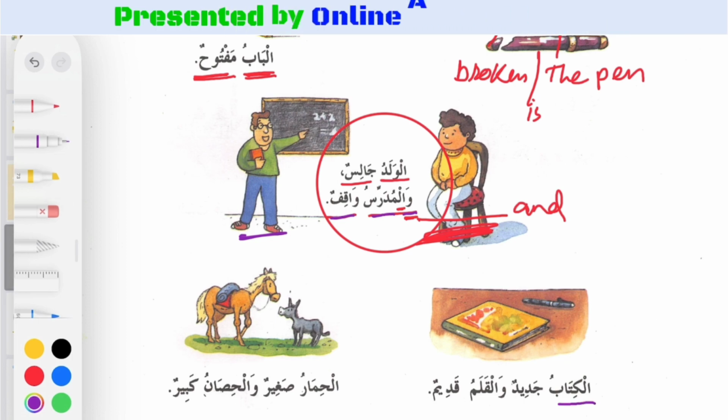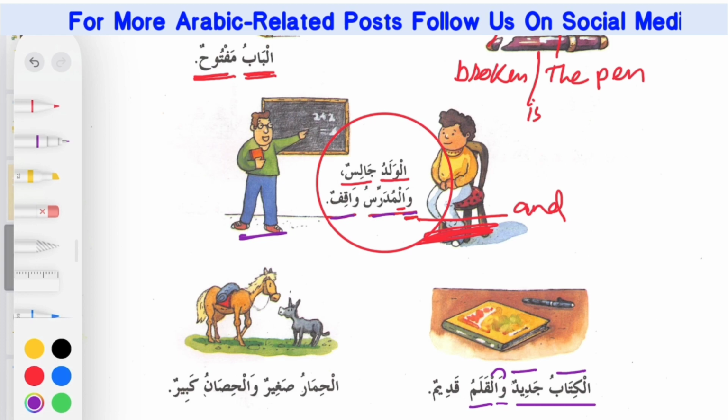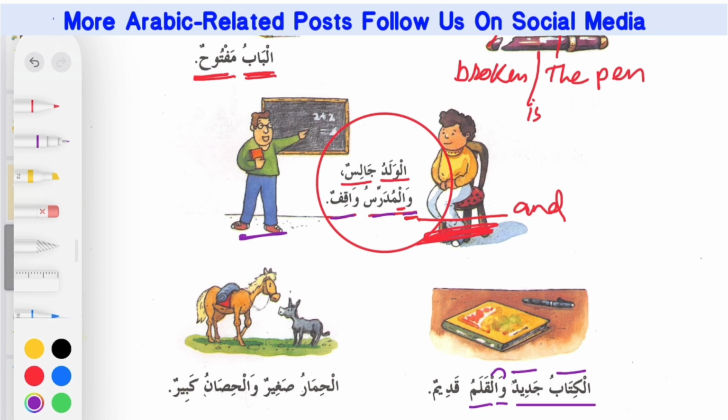The same way, al-kitabu jadidun. Al-kitabu, the book, jadidun, new. Al-kitabu jadidun, the book is new. Wa al-qalamu. We will read wal qalamu, wa with lam. We will omit and we will drop alif. You can say alif is silent here.